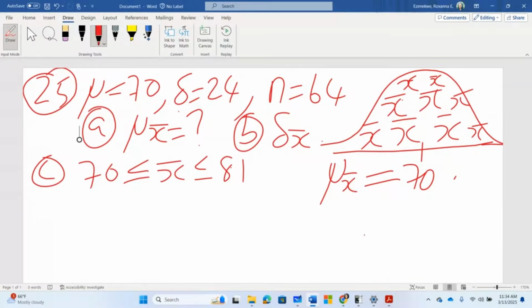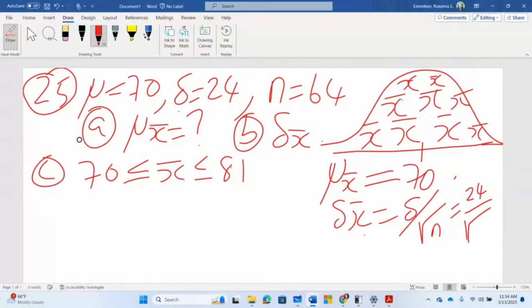And I am told to find the standard error. Standard error is equal to the standard deviation of the original data divided by the square root of the sample size. And the standard deviation of the original data is 24, divided by the square root of 64.